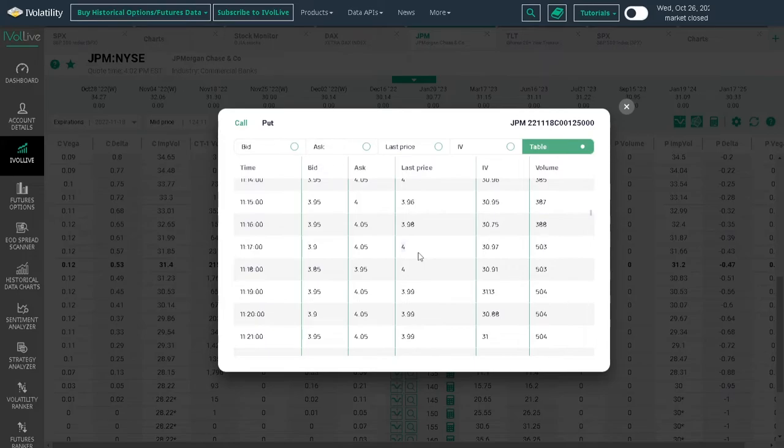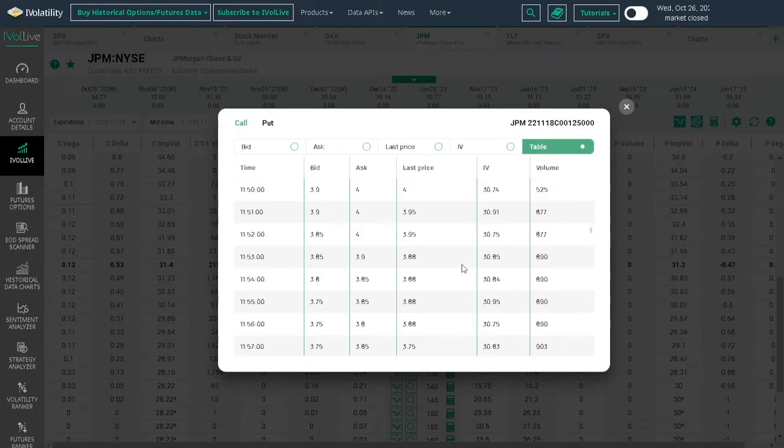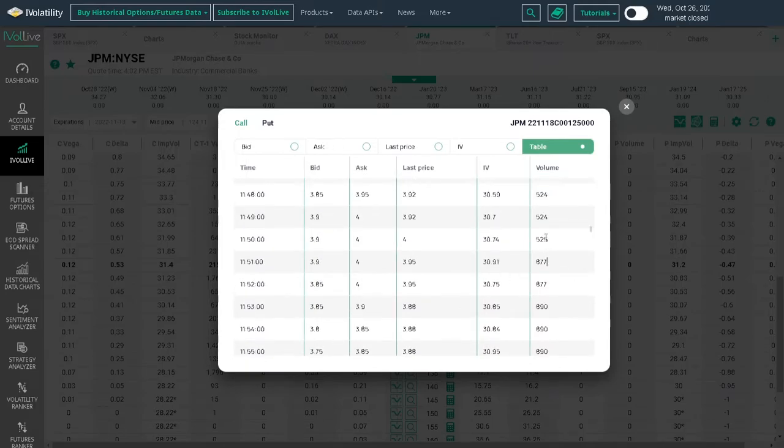And so if we are very interested in, for example, let's imagine that we are a genuine buyer of the 125 calls in November on JP Morgan. Well, by looking at this, we can see that there seems to be some selling pressure in this particular contract. That's the assumption that we make. But if we look here, we've got about 350 contracts that trade at 395.